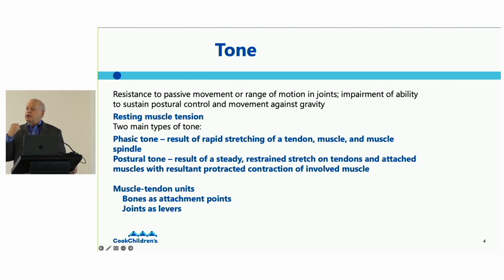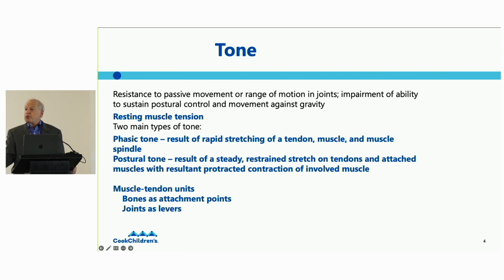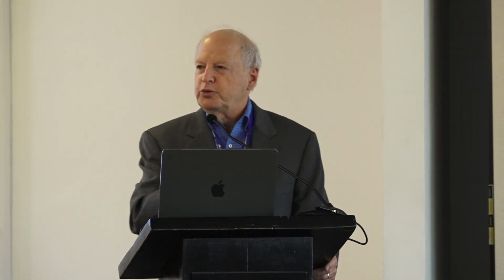And if you get lots of resistance, then that's not hypotonia. If you get resistance when you move fast, that's probably spasticity, which is a whole other talk. And if you get resistance when you move slowly, that's more likely dystonia, which is a whole other talk also. And we'll do that maybe next year.